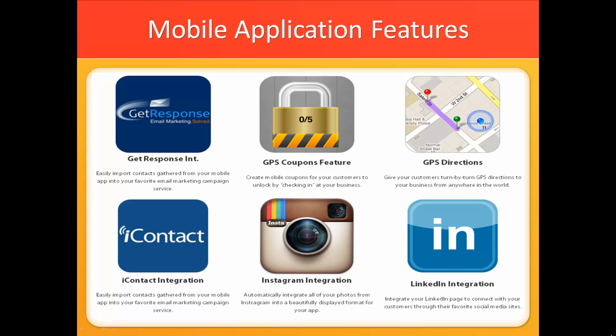So what makes the GPS coupon feature kind of cool is once the client is within 75 feet of the business, they pull up the app, they click check-in, and they get a mystery coupon. And again, it's whatever the provider of the app or the business owner has deemed that they desire to throw out there. But the stats on this are really unbelievable.